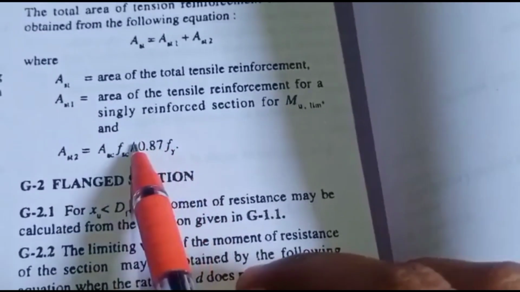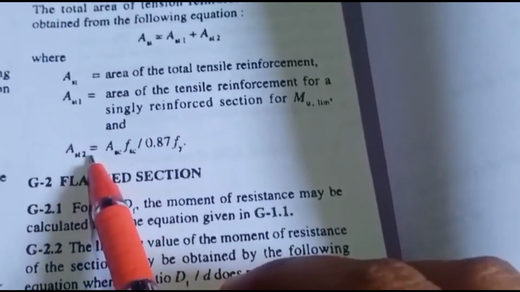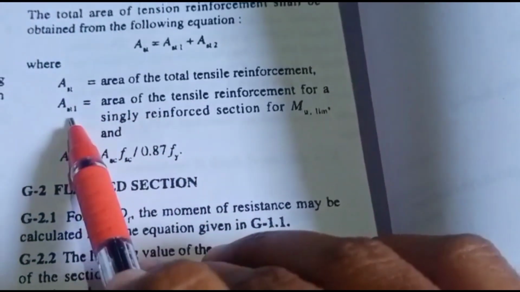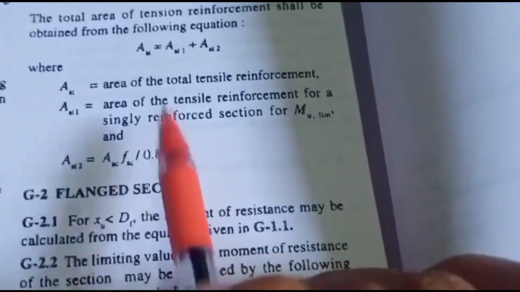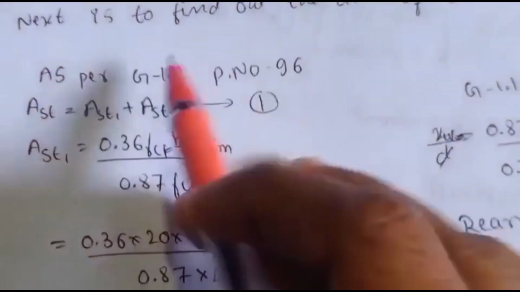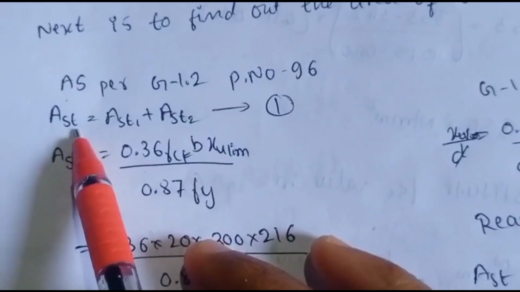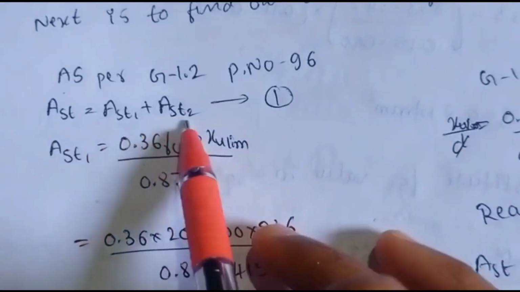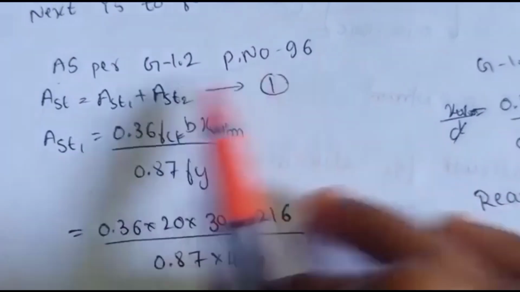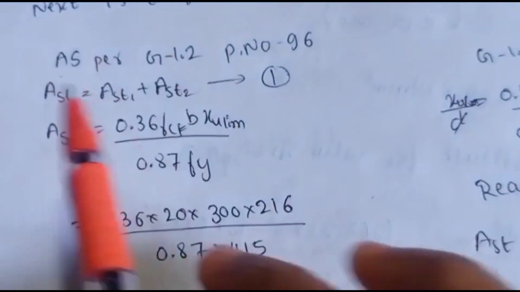By using this formula, we'll calculate Ast2, and by using the other, we'll calculate Ast1. We'll see step by step. Ast is equal to Ast1 plus Ast2. This formula is given on page number 96.